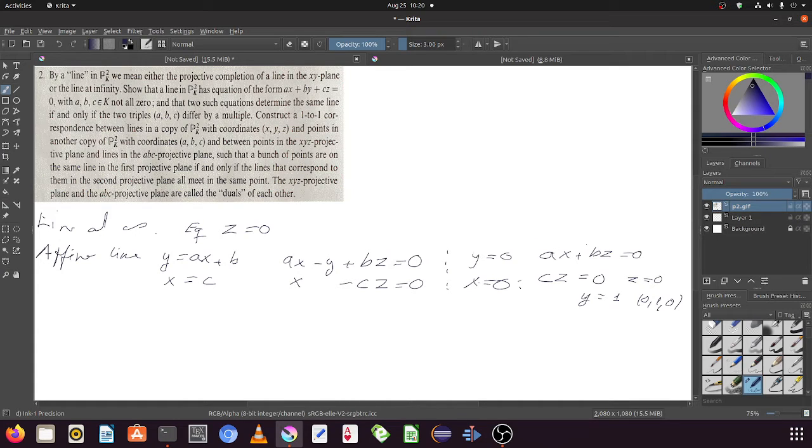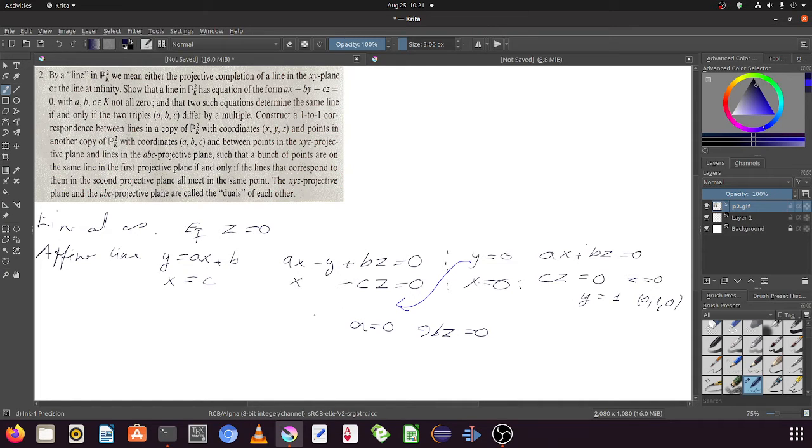This is an embarrassing confusion, really. If a equals 0, all points work. Oh my God.